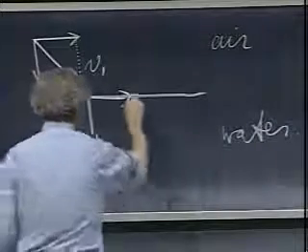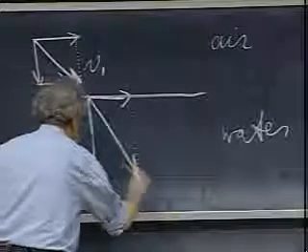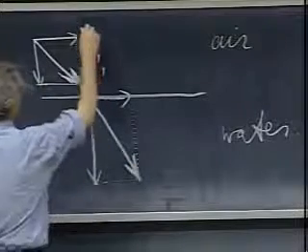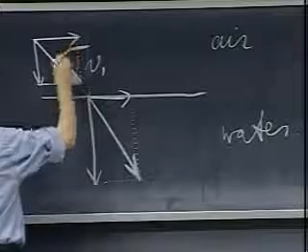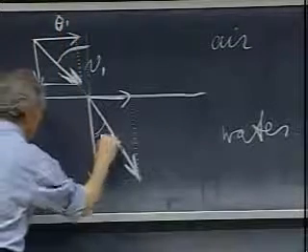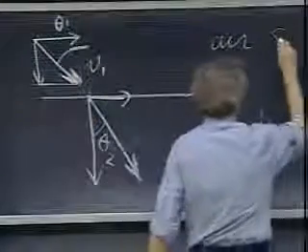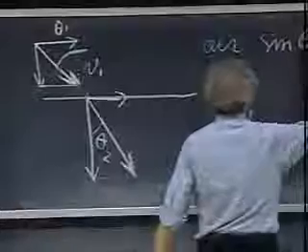And so the new velocity is now in this direction. And so you see that indeed the angle theta 1 is larger than the angle theta 2. But Snell's law immediately follows from this.